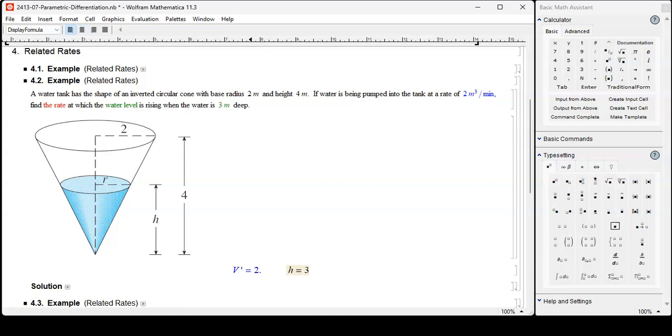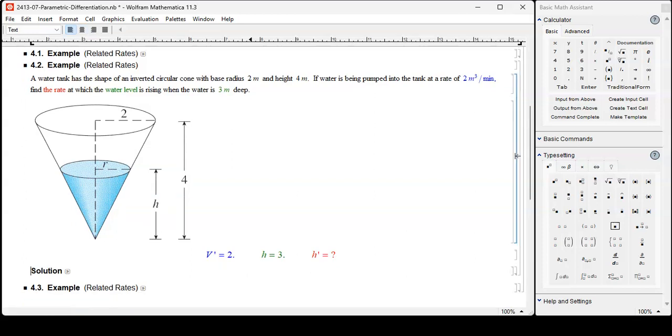H is 3 right now. Well, that's the structure. H is 3 right now. And H prime, that's what we want to find out. Agreed?